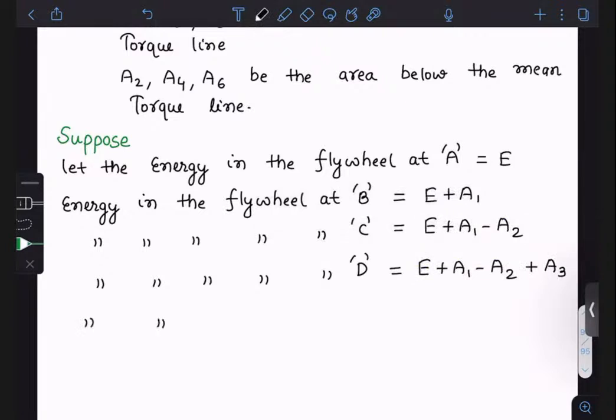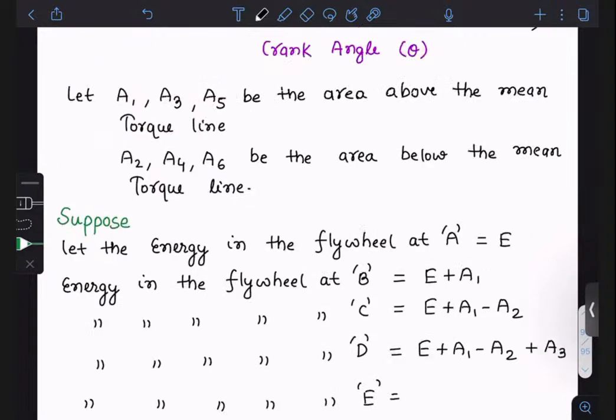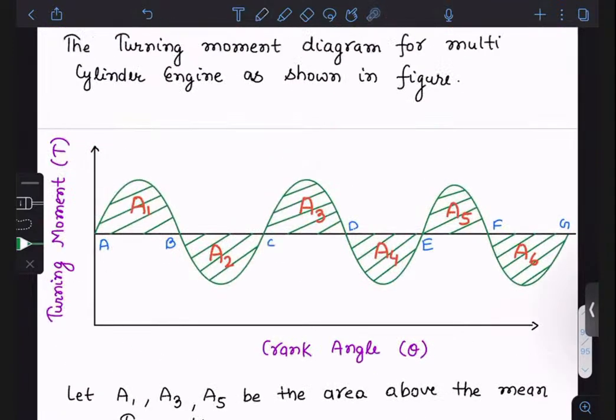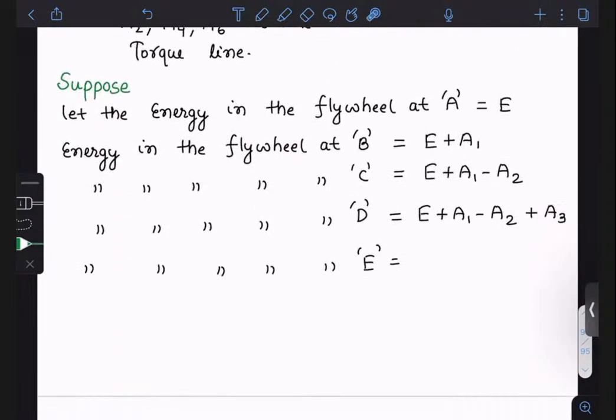Now the energy in the flywheel at point E. At point E, A4 is going to decrease, right? A4 is going to be subtracted, minus A4.